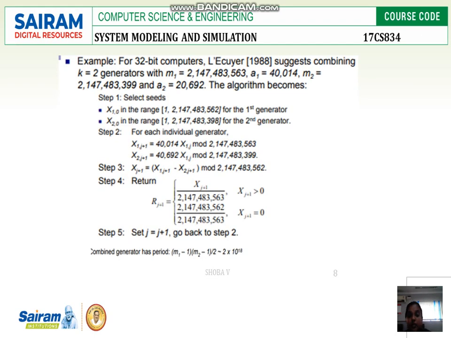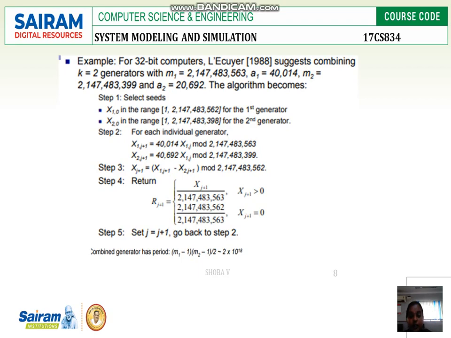Here is an example for 32-bit computers. L'Ecuyer suggests combining k equal to 2 generators with m1 equal to 2147483563 with multiplier a1, and m2 with multiplier a2. The algorithm becomes: first, we have to see the first generator range and the second generator range.